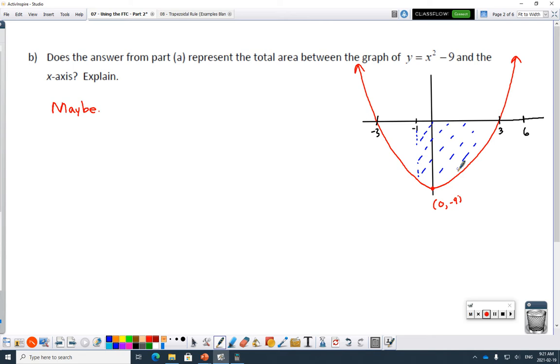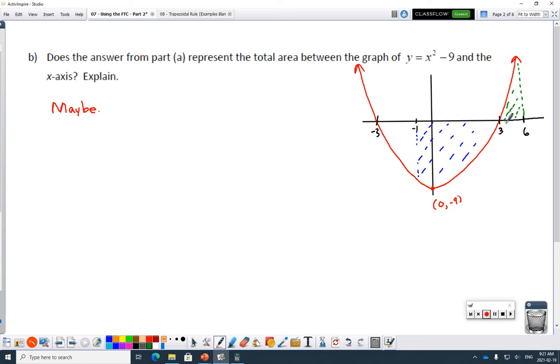Okay? Then it also calculated, and I'm going to draw this area with green, this section over here, and it added up that area. Well, no, it didn't add all that stuff. It took this and subtracted this.